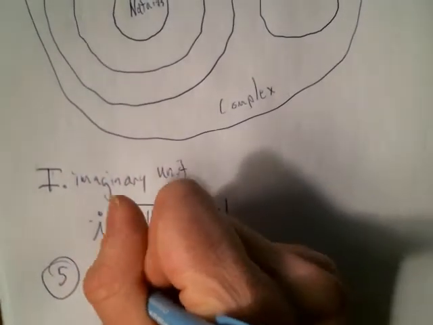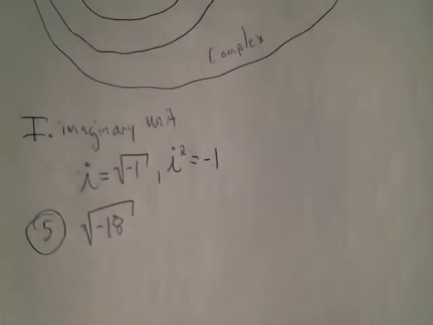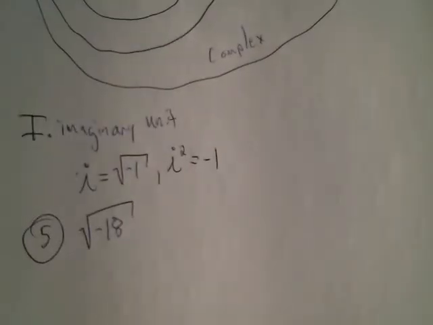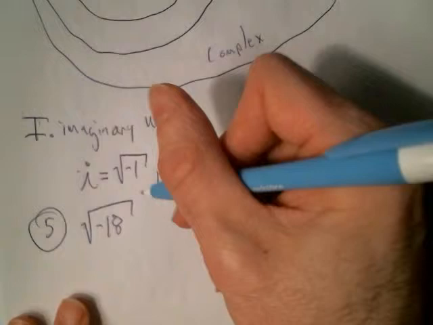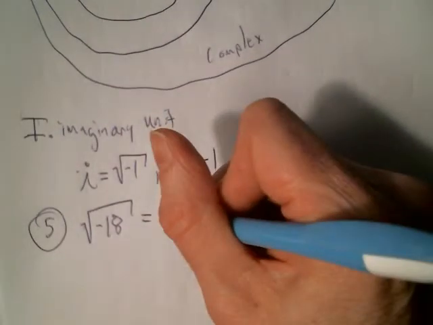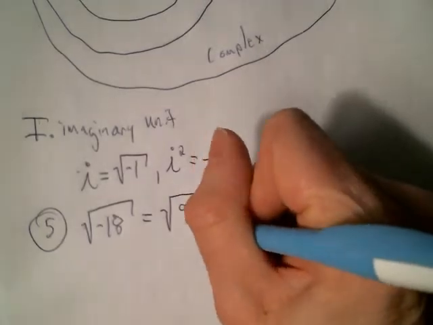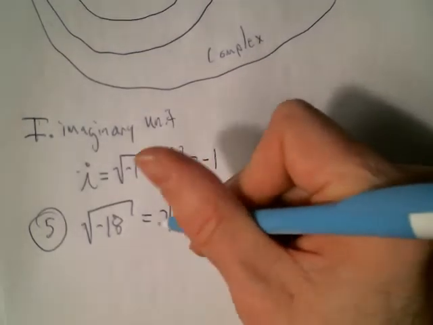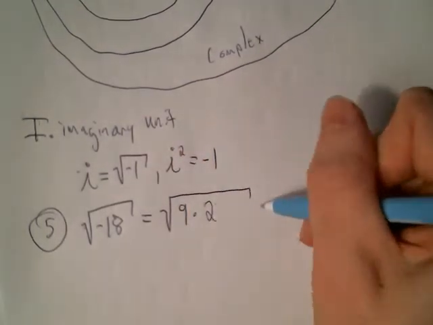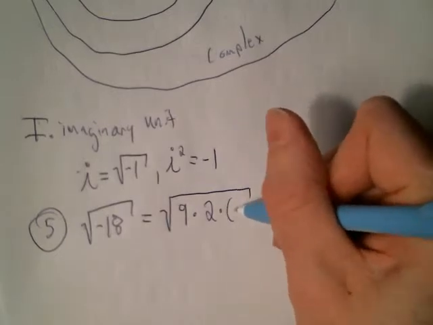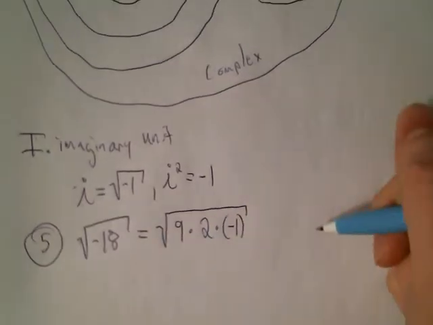here we have number 5, negative square root of 18. Okay, so we can factor this thing, right? We can say this is the same as the square root of, I'm going to factor out the perfect squares forward, and the negatives out the back, the -1 out the back.